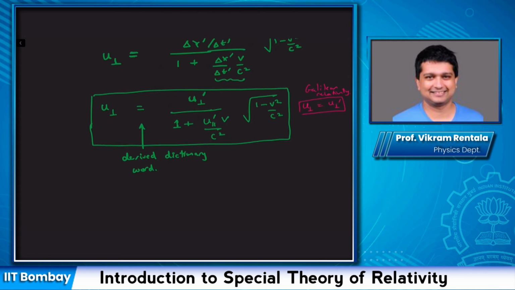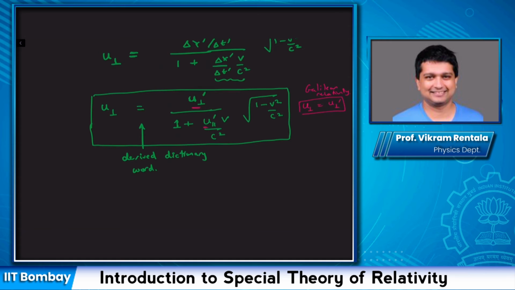But here we see that there's a more complicated change where the perpendicular component of velocity as seen in frame S depends not just on the perpendicular component as measured in frame S prime, but also on the parallel component of the speed of the ball as measured in frame S prime. And it also depends on these factors of v.